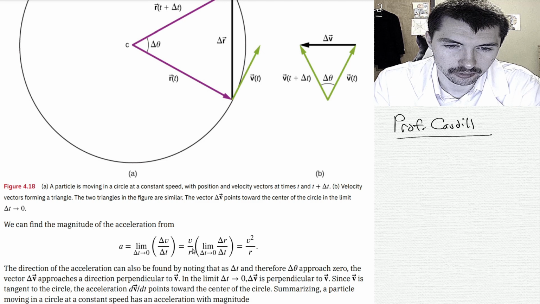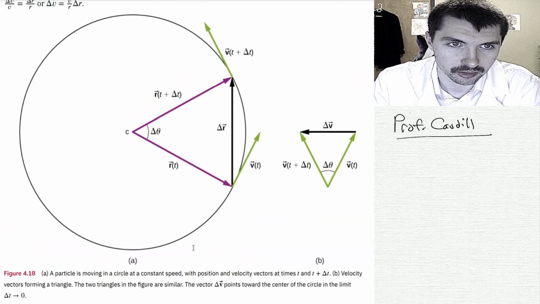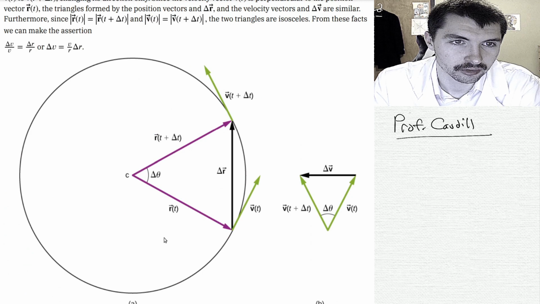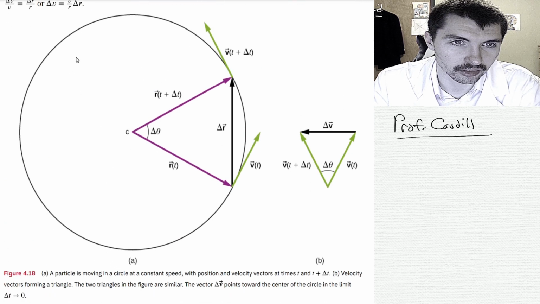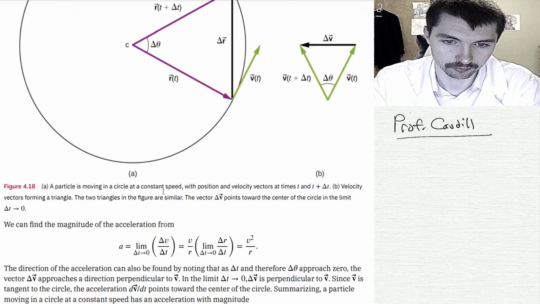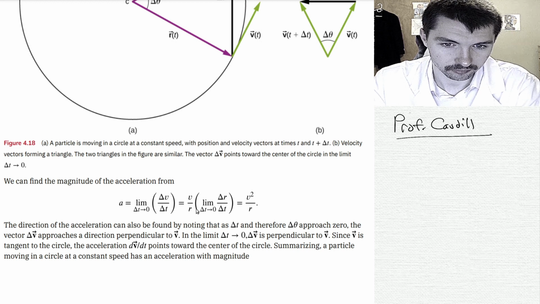I'm not sure where they pulled out VR from. Probably over here. Okay, I see. So delta V turns into VR. Delta V is delta R. So they're pulling this out. I'm guessing R is the radius.